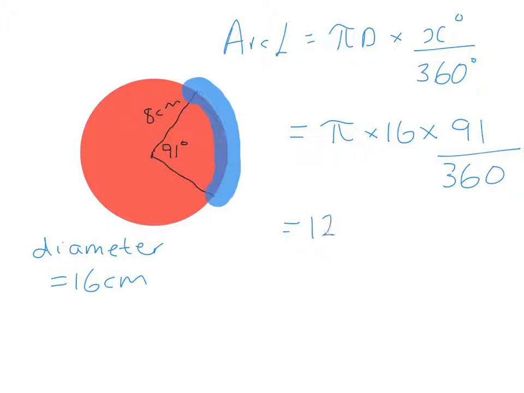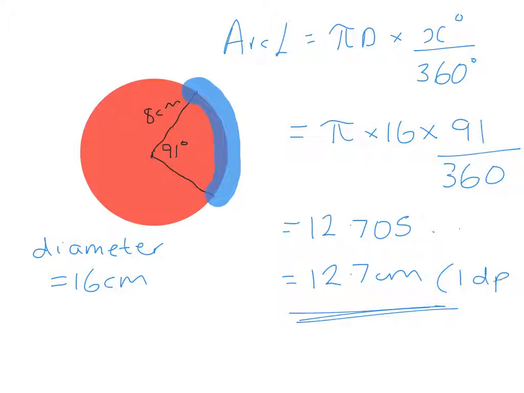You get 12.705 blah blah blah. And if we're to do that to one decimal place, that will be 12.7 centimetres to one decimal place. So essentially all we're doing is we're just plugging these values into the formula.